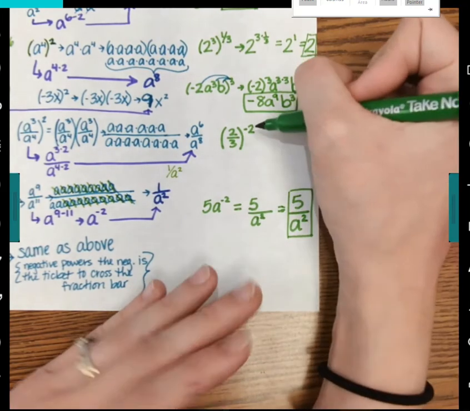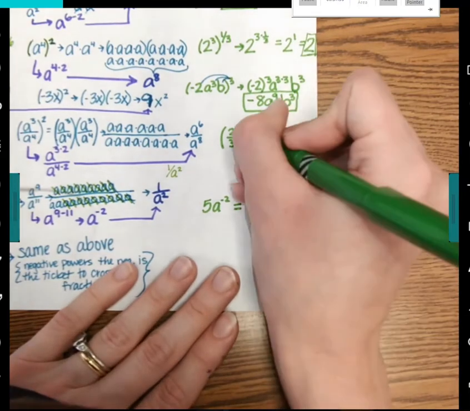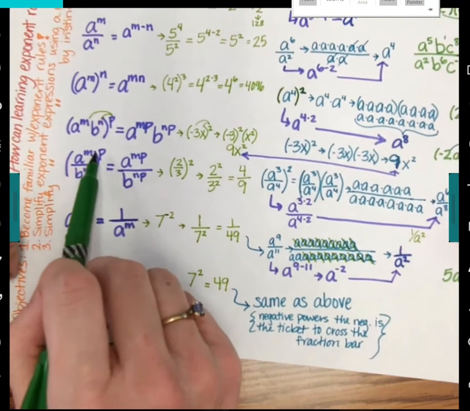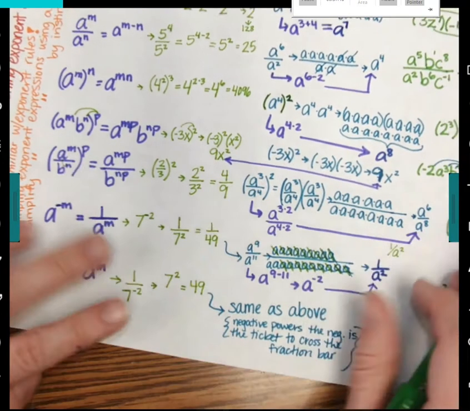So we are going to go ahead and take a look back at this one. We're going to distribute because this is the distributive property. So it's going to go to both, there, numerator, denominator.